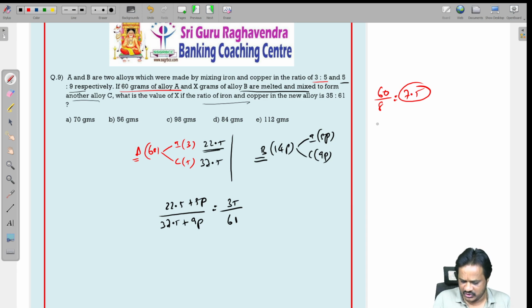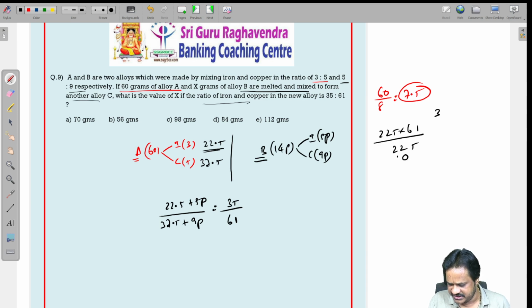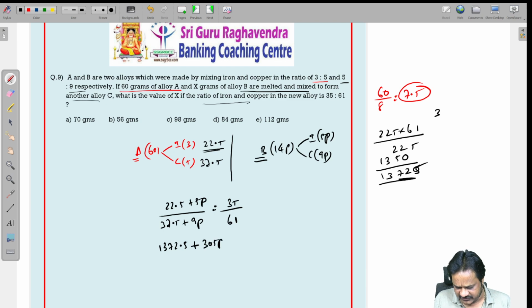First of all, 225 into 61. You will get 225, 6 5s are 30, 15, 13. So 0, 2, 7, 5, 2, 7, 3. It is 1372.5. This you will get: 1372.5 plus 305 parts.